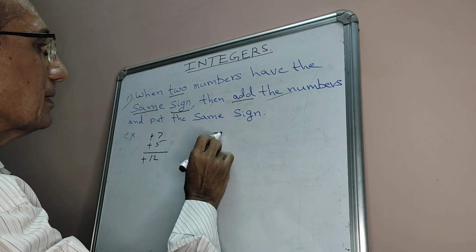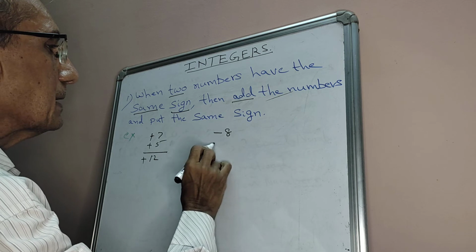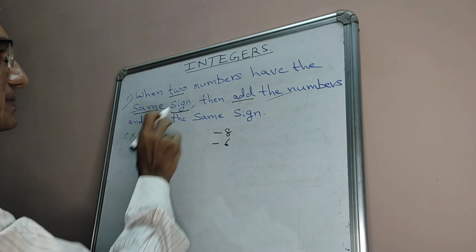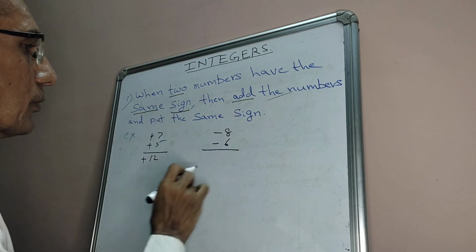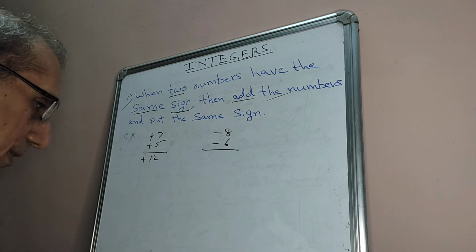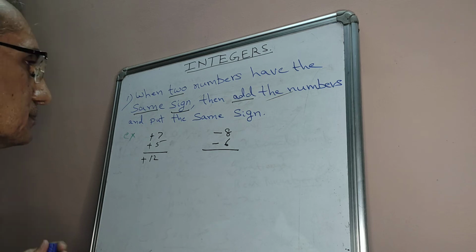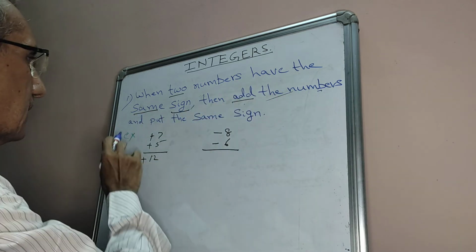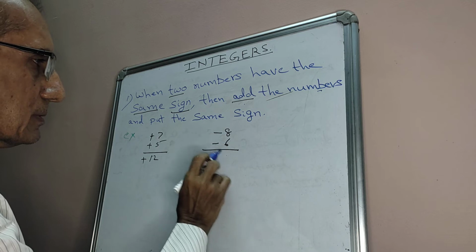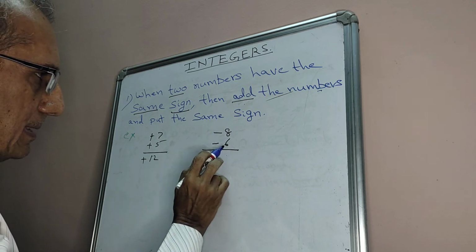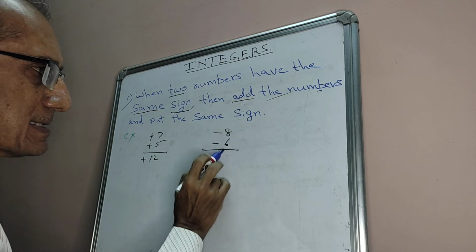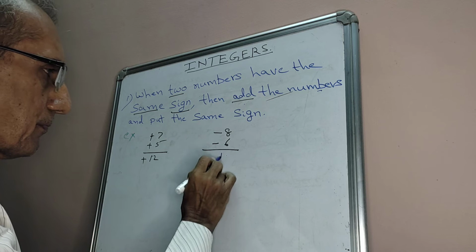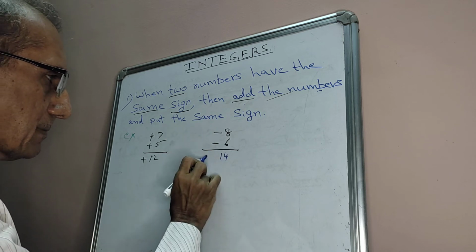Like suppose I have -8 and -6. Then the same rule applies here. When 2 numbers have the same sign, then add the numbers and put the same sign. So add the numbers. Although you have -8 and -6, both of them have the minus sign before them, still add the numbers and put the minus sign.